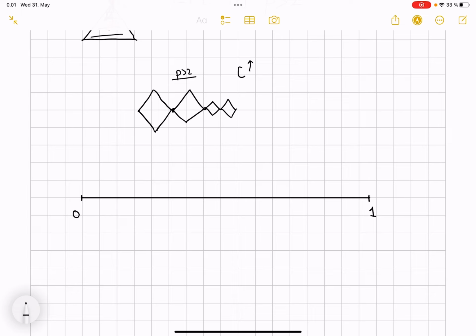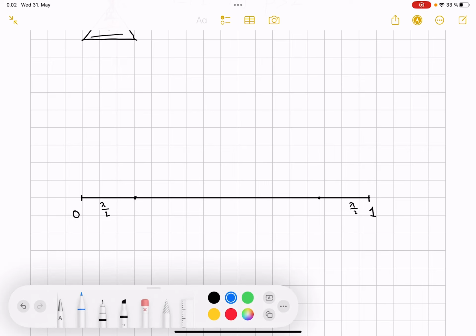So you want to remain with lambda length. You put a length of lambda half here, lambda half on this side, symmetric, and you remove a length of 1 minus lambda from the middle. So imagine you are constructing the usual Cantor set with factor lambda instead of 1/3. Then, of course, the next step you will do the same.